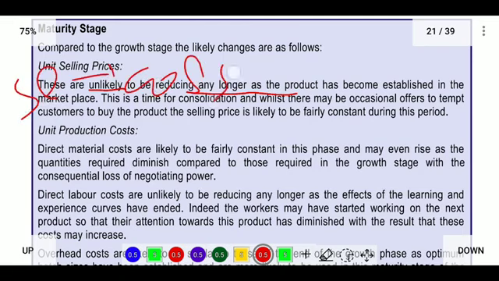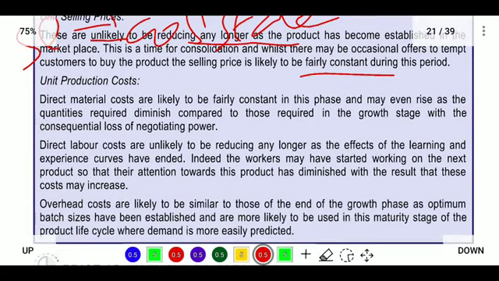Next, the unit production cost here will also be fairly constant; it will not change much. At the maturity stage we have demand and are producing largely, so we do not worry about competition. We will go with a constant level and maintain our position here.